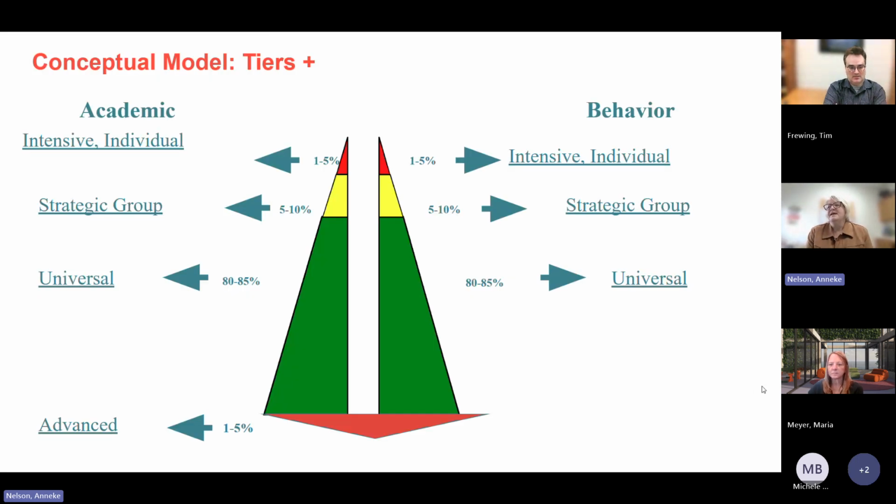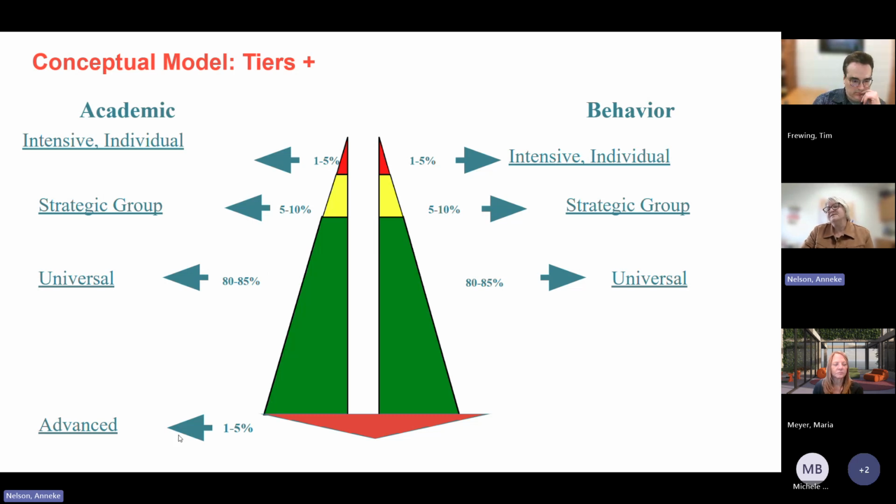Here is a tiered model that we often see when we look at things like RTI and MTSS. These conceptual tier models work for both academic and behavior.